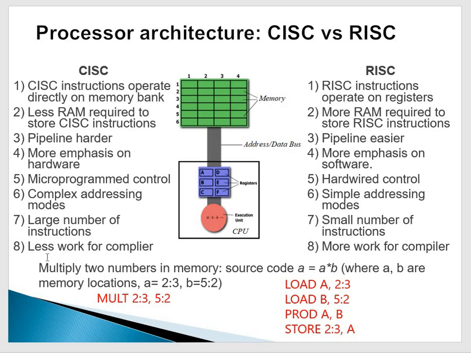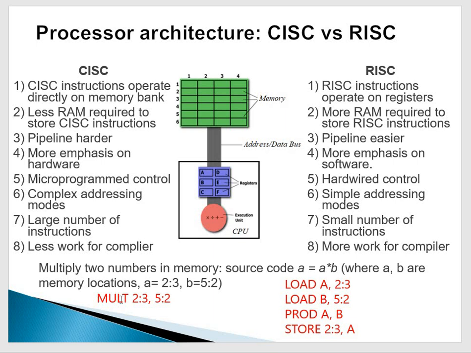For CISC we will write only one instruction, which will be MULT, where MULT is called the mnemonic, and this mnemonic tells us the type of operation. As we want to perform the multiplication, this will be the mnemonic MULT. In some processors it may be MLT, in some cases MUL or any other.